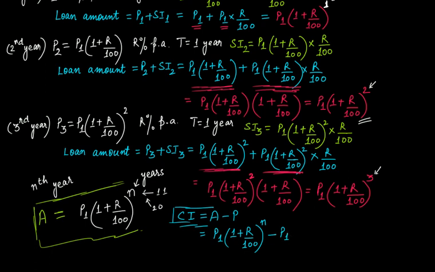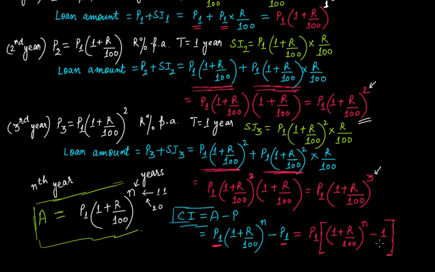Here again you can see that P1 is common in this term and in this term. So if you take P1 as common, you'll get P1 multiplied by the square bracket of (1 plus R by 100) to the power n minus 1, because P1 is common in these two terms.